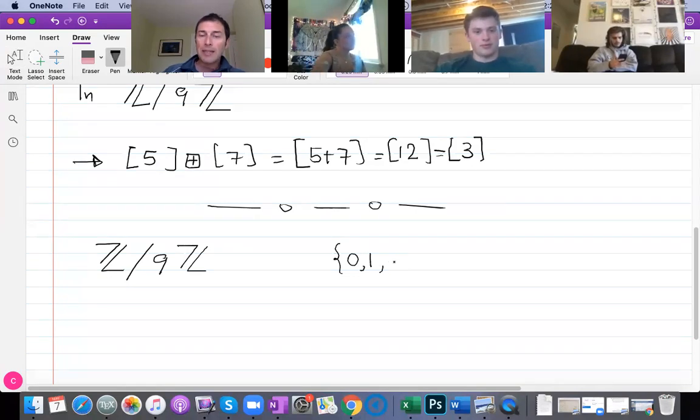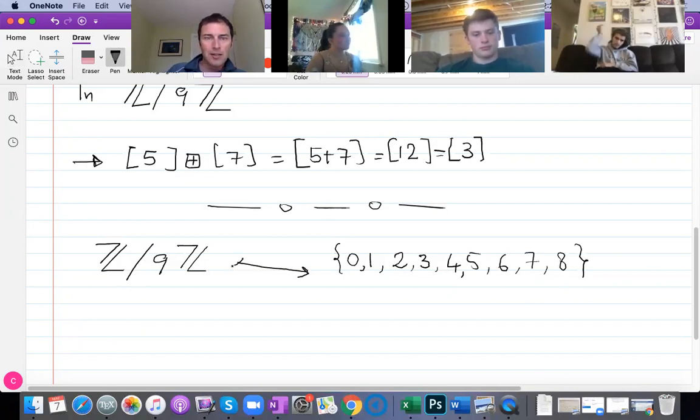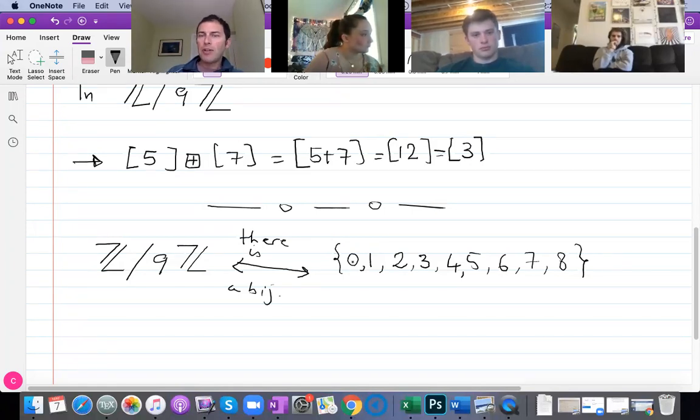So let me say, because I don't want to give out too much for this problem, the analogy with Z mod 9Z is that if we take just the numbers 0, 1, 2, 3, 4, 5, 6, 7, 8, you can find a bijection between the set of numbers 0 to 8 and Z mod 9Z.